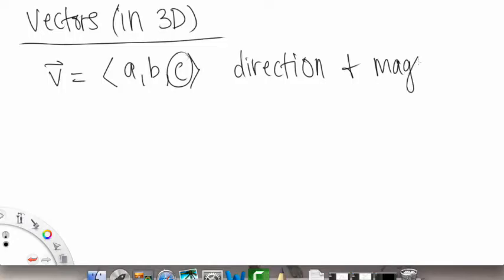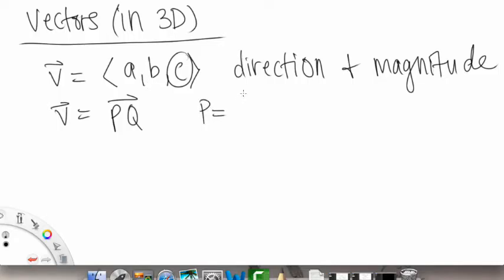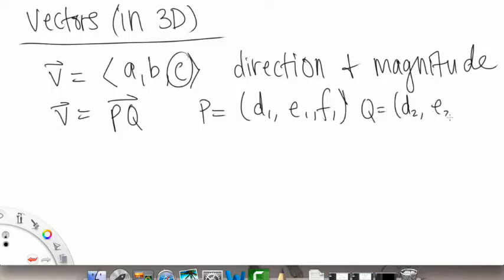In 3 dimensions, it works the same way as in 2 dimensions, just with an added dimension. Let's say we have to calculate the components of a vector v given by connecting P to Q. Then let's say P is this point (e1, f1), and Q is (d2, e2, f2). Then we would just do the same thing as we've done before and just add on that extra component.